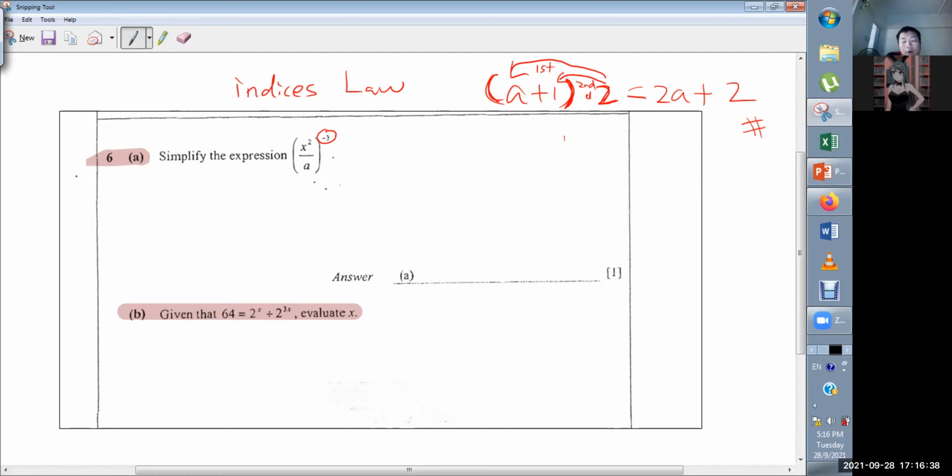So when you have power -3, you need to times the power. So when you times the power, x to the power of 2, you times the power -3. You have a, and then you times the power. So you will end up with this from here. So does it make sense to you now?